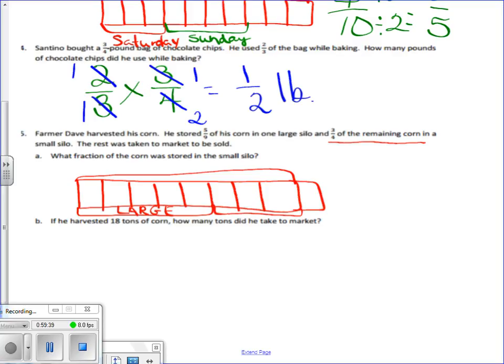So 3/4 in a small silo. And the rest was taken to the market. So this right here was the market. What fraction of the corn was stored in the small silo? 1, 2, 3 out of 9, which equals 1/3.